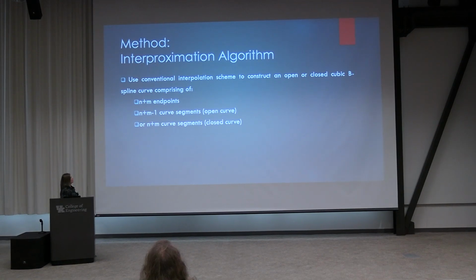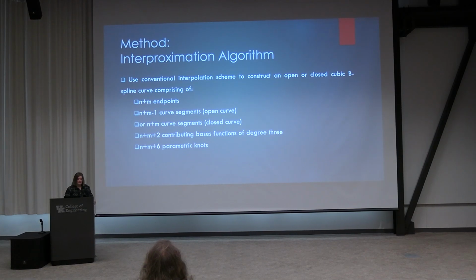And for a closed curve, we will need n plus m curve segments to interpolate the entire data. Also, we will need m plus 2 contributing basis functions because we're using B-splines. And those basis functions will be of degree 3.